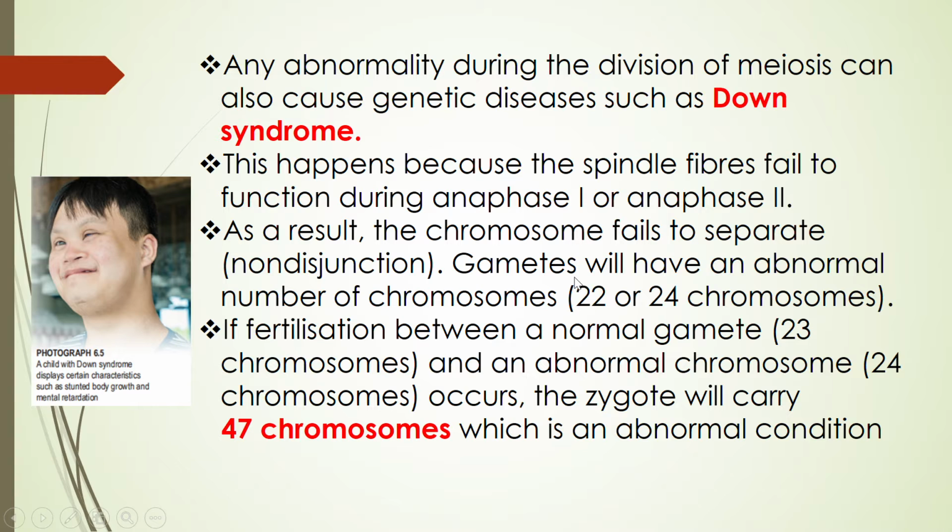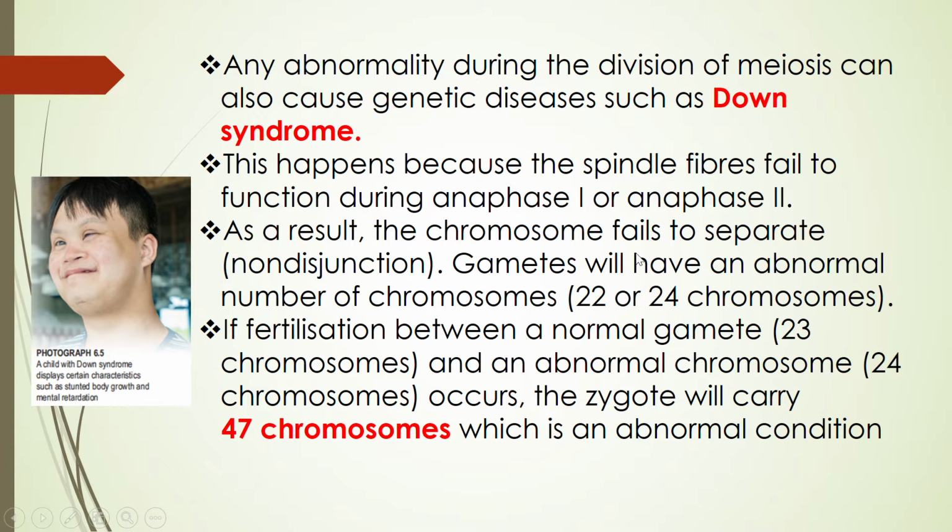So gametes will have an abnormal number of chromosomes, either 22 or 24. Do you understand this? Because if it is normal, it is supposed to be 23, because 46 divided by 2, haploid, is 23.